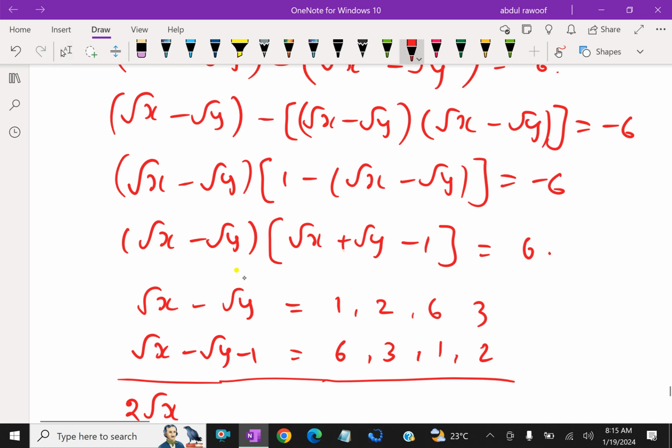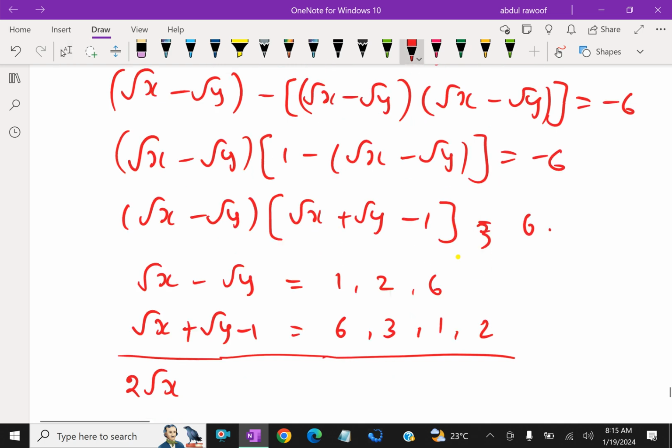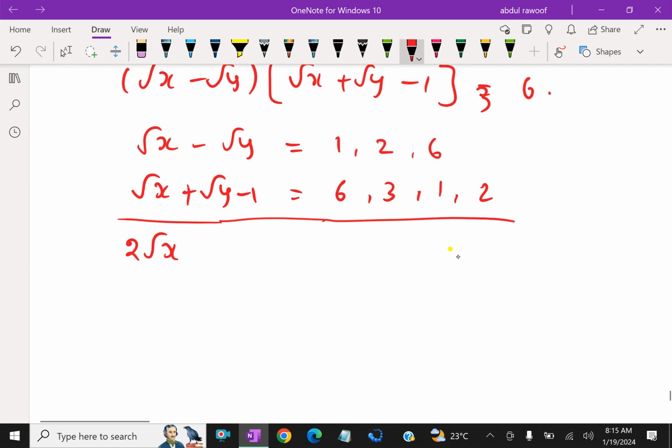Root y and root y cancel, because of the minus sign here, so the addition becomes a cancellation of root y. Then we have the minus 1.